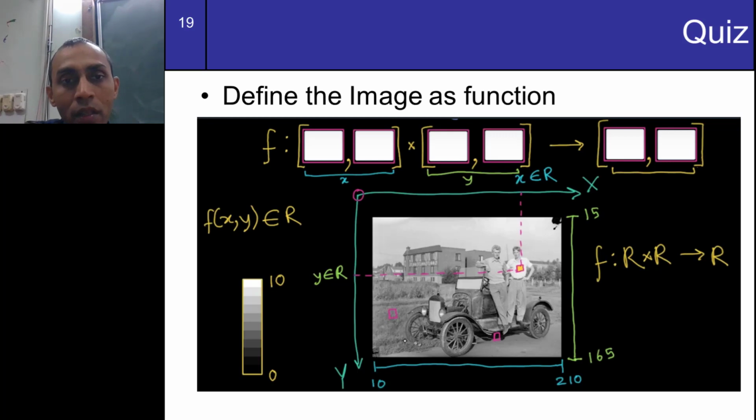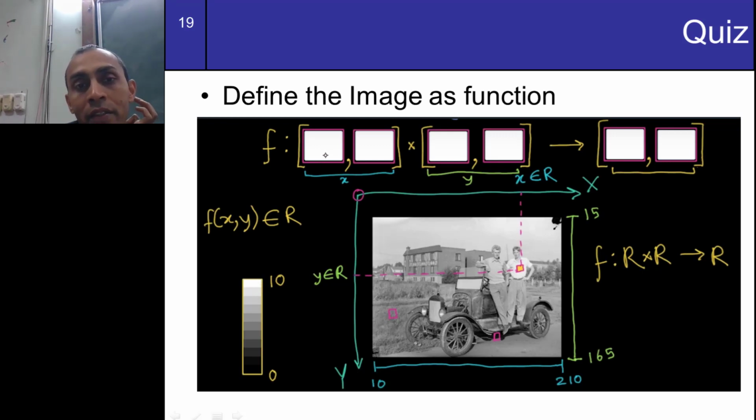Just as an illustration, let us say this particular sub image is taken from some image. Along the horizontal direction we have the x axis, and along the vertical direction we have the y axis. The values of the spatial location in the x direction start from 10 to 210, and y starts from 15 to 165, and the intensity values are quantized from level 0 to 10.